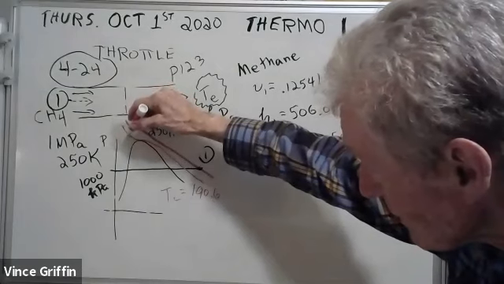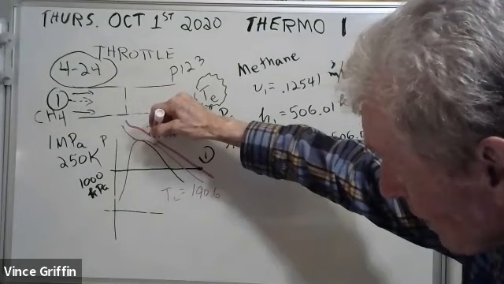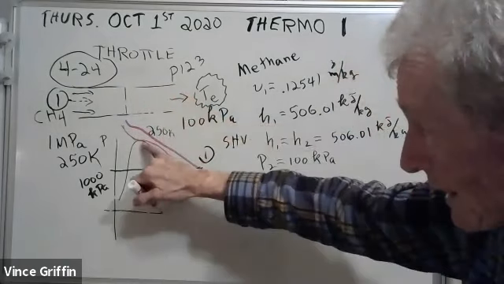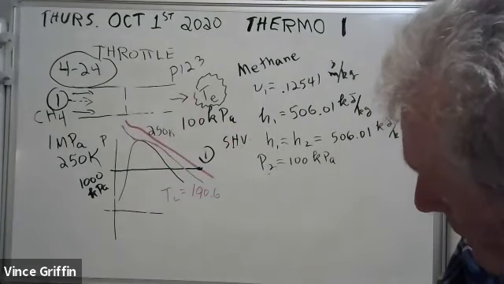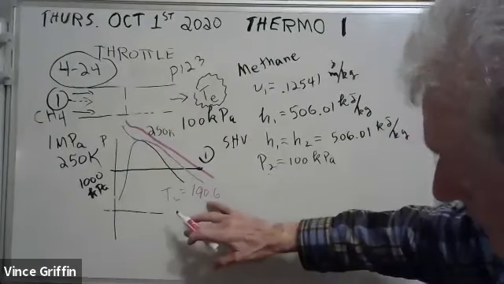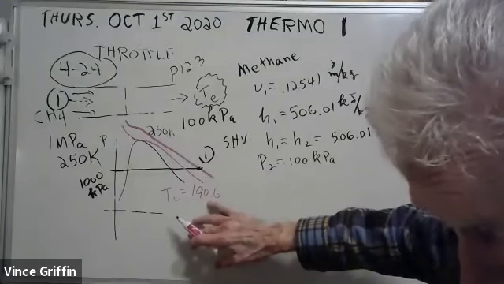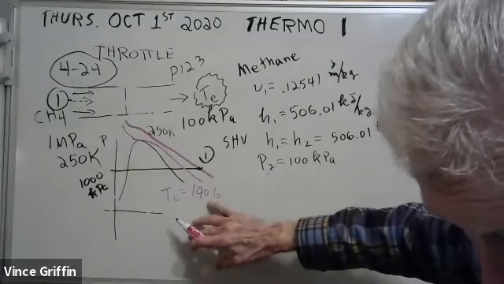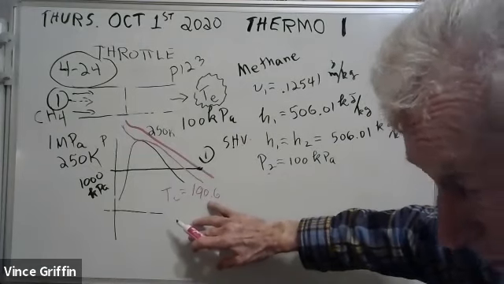It comes down here and just glances off the very top of the vapor dome like that. It has an inflection point, and that's 190.6 according to the vapor dome table. You asked, do we look it up in there or do we look in superheated vapor?